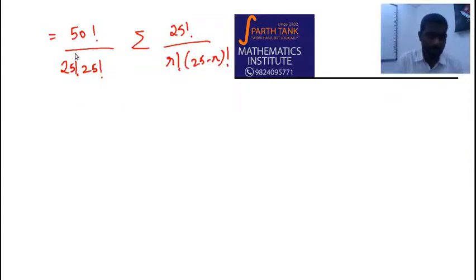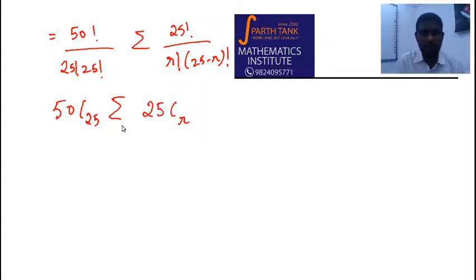Now by definition again, this is 50C25 and this is summation of 25CR, r equal to 0 to 25, because this is n factorial by r factorial into (n minus r) factorial where n is 25, and this is also 50 factorial by (50 minus 25) factorial into 25 factorial.